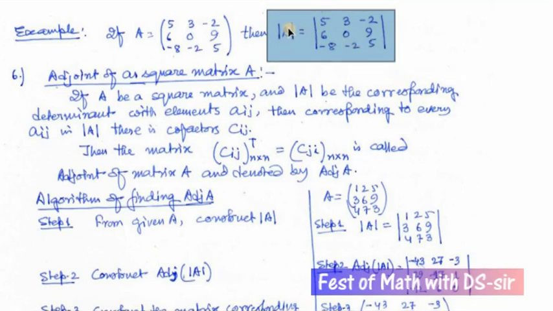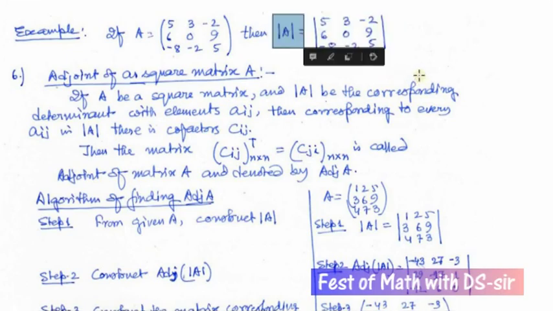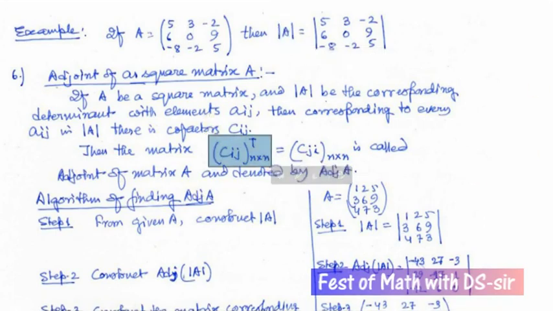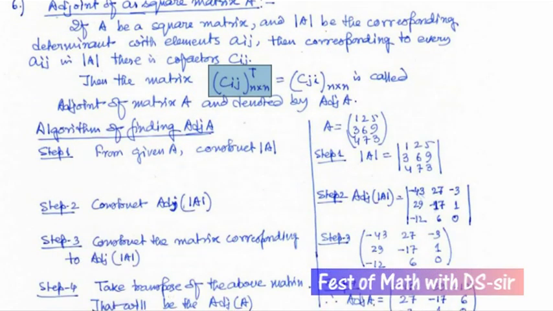So after finding the adjoint of this determinant, you can find out the corresponding matrix, and the transpose of this matrix is called the adjoint of the matrix. So what is the process or algorithm of finding the adjoint of it?